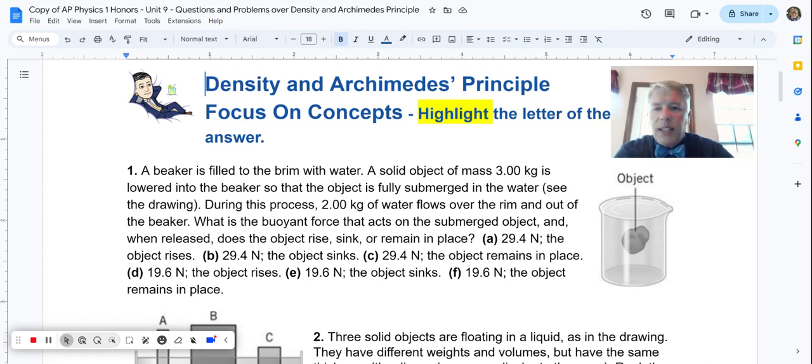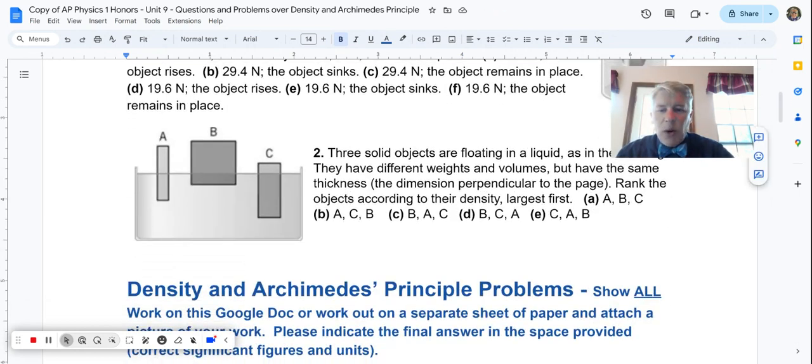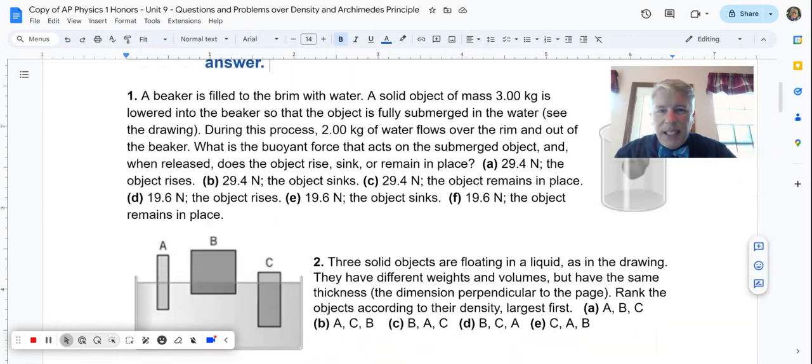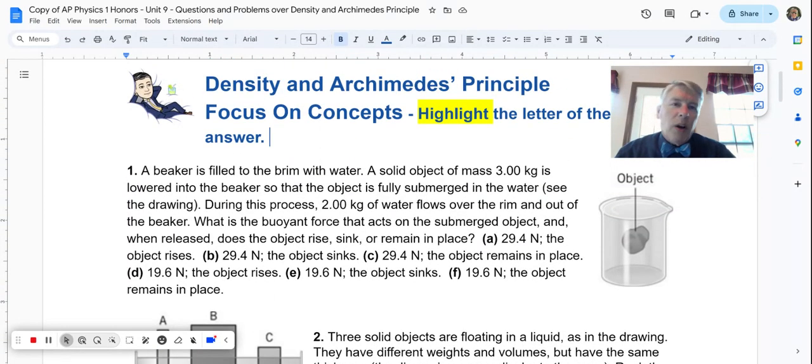So to start off with, we're dealing with density and Archimedes Principle. The key thing here is density is described as mass divided by volume. Okay, so that is a key idea. Both of these concept questions deal with density, but they also deal a little bit with Archimedes Principle.